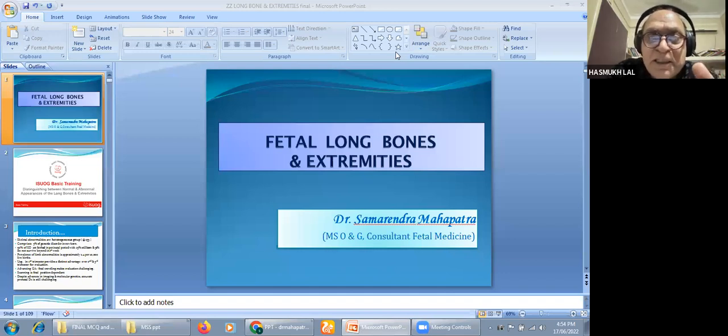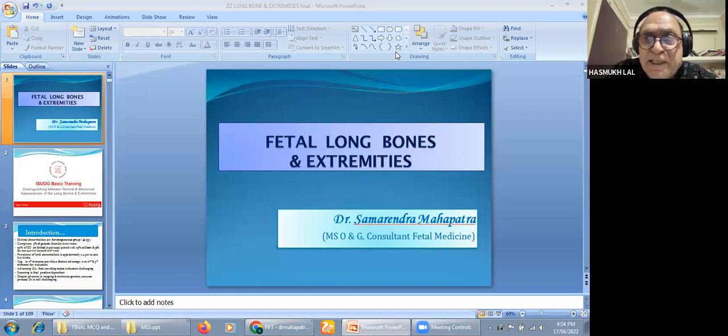If you see a fetus with a clenched fist, not opening the hand at all, we suspect trisomy 18. That is one of the features. As Samrendra has already elaborated, when you see one abnormality, we look for more and more, because a constellation of findings will always be there in syndromic conditions or genetic trisomies.